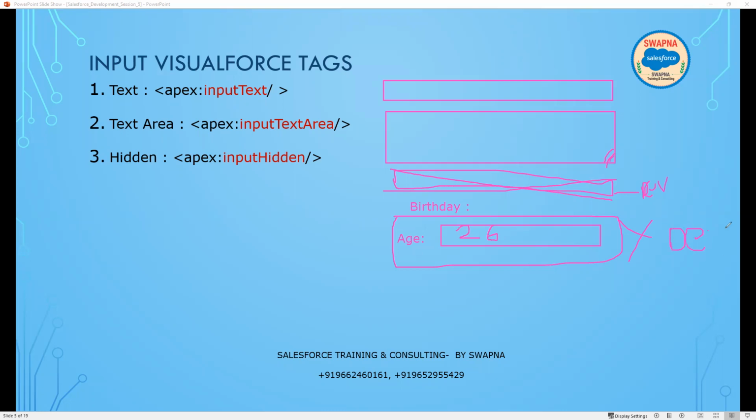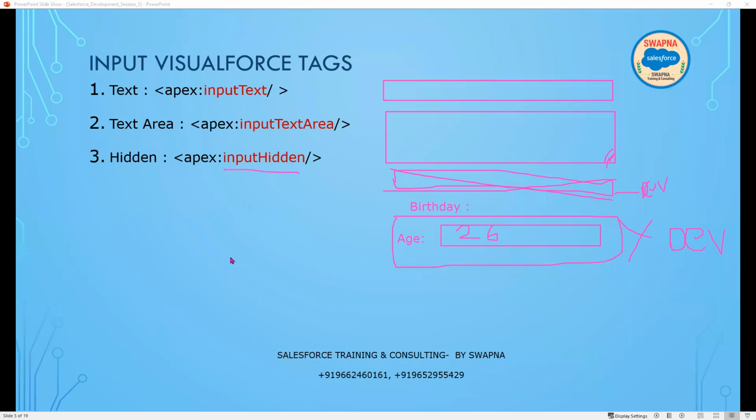For example, government things: if you are updating a passport or applying for an Aadhaar card, whenever you enter the birthday, you have to calculate the age. But some government systems will not display certain information; it is stored at the backend and not shown in the UI. Those are called input hidden fields.